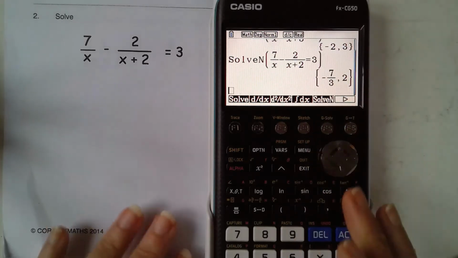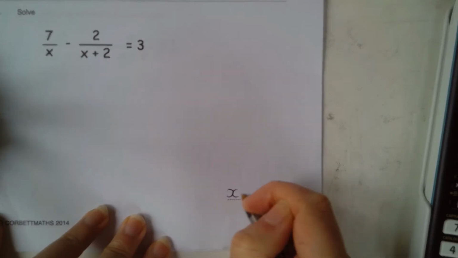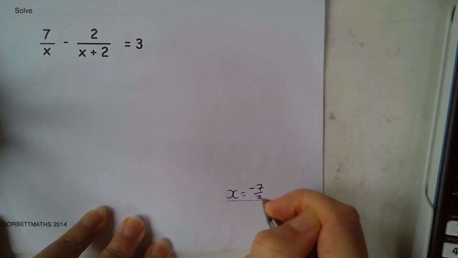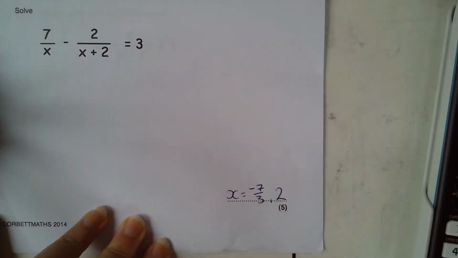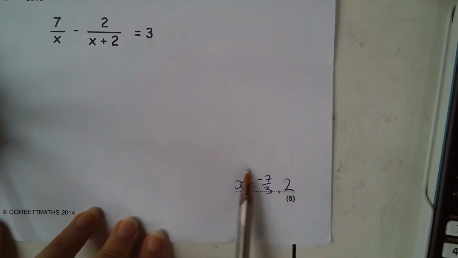My solutions this time are -7/3 and 2. So x equals -7/3 and 2.